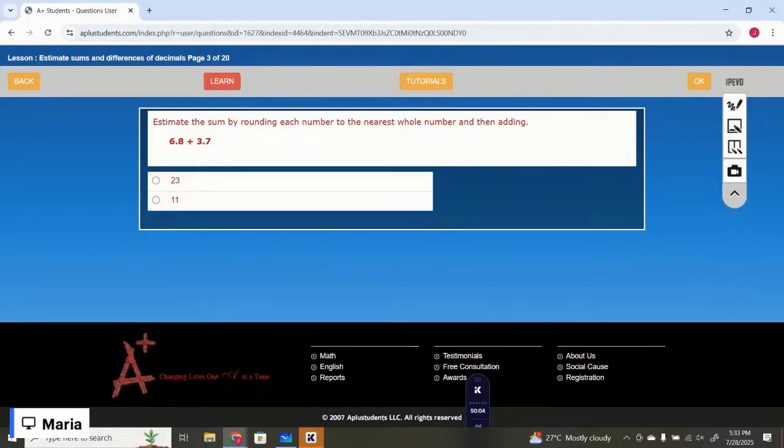Estimate the sum by rounding each number to the nearest whole number and then adding. 6.8 is rounded to 7 and 3.7 is rounded to 4. So 11 it is. Option number 2 is the correct option.